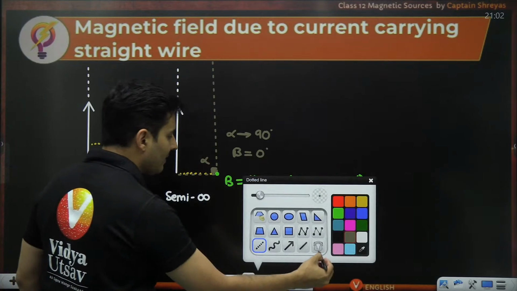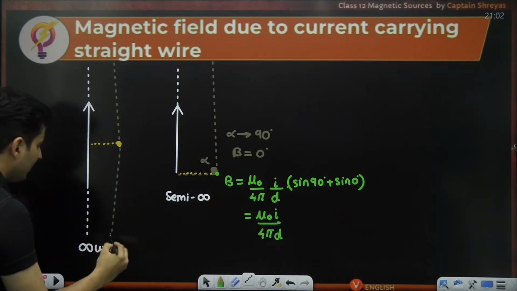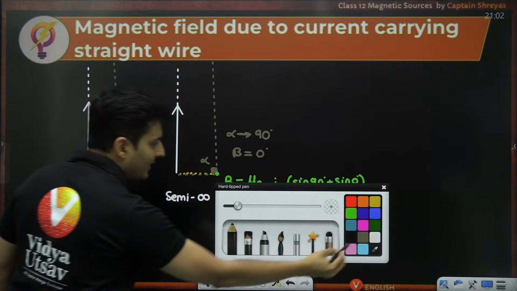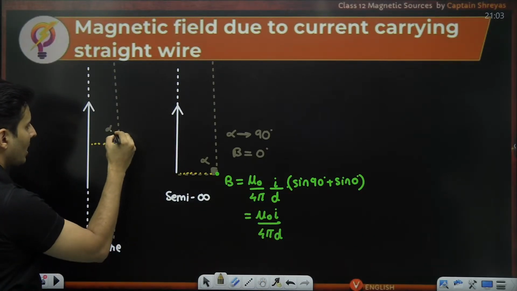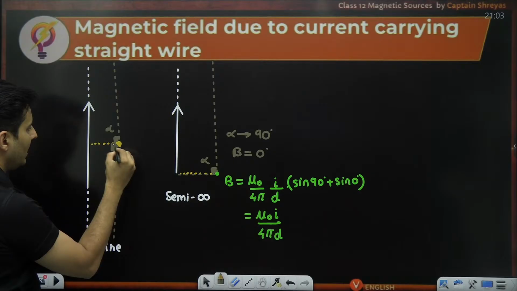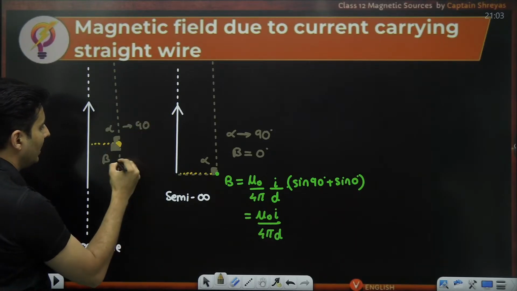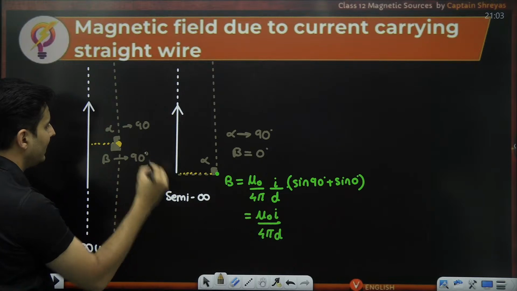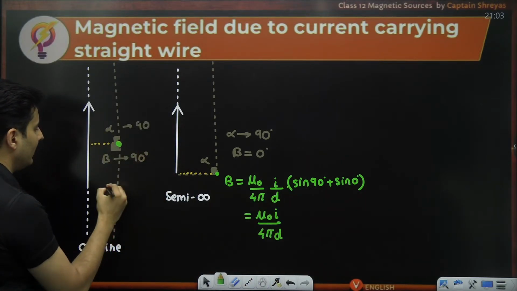How about the infinitely long wire? Well, this end is here, the other end is right over here. As we can clearly see, this is basically my alpha and this is basically my beta. Both alpha and beta tend towards 90 degrees. So think what should be the answer of the magnetic field over here.